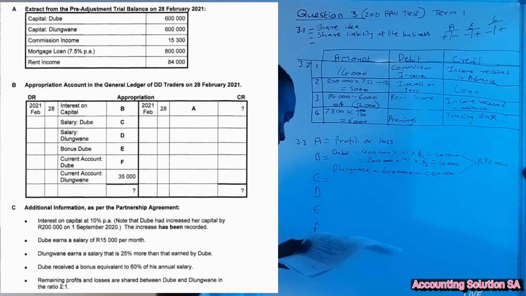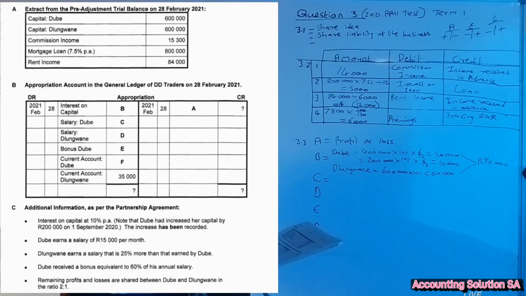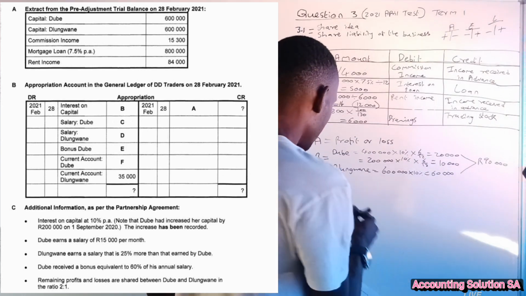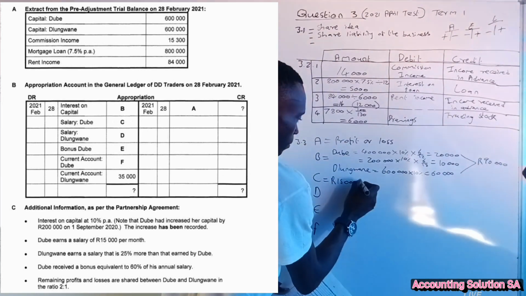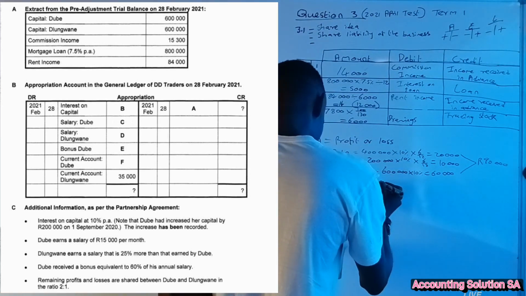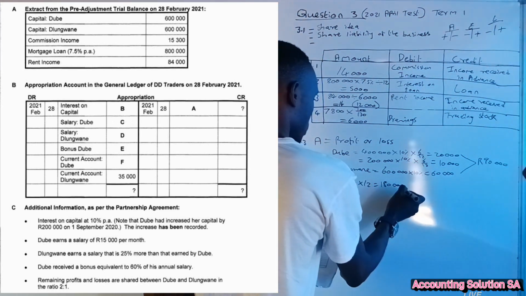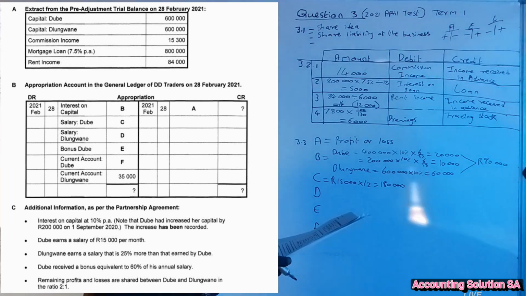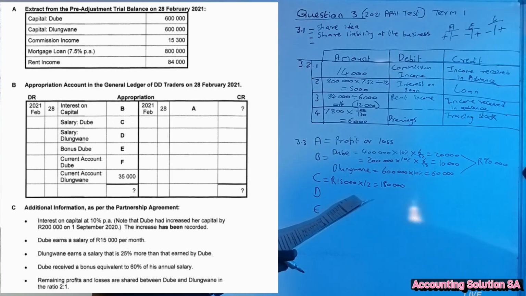Then number C, they said salary for Dube. Okay, bullet number 2, Dube a salary of 15,000 per month, which means that if they give us monthly, we just say 15,000 multiplied by 12, and it's going to give us an amount of 180,000. Simple. Okay, then number D, salary for Hlungwane.